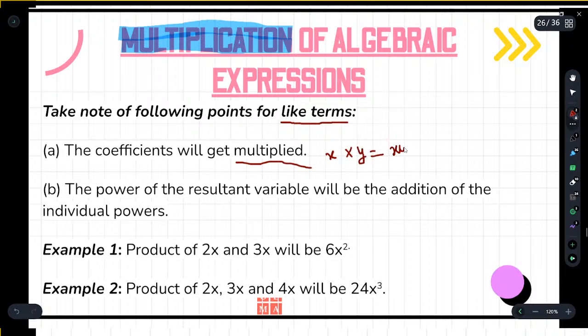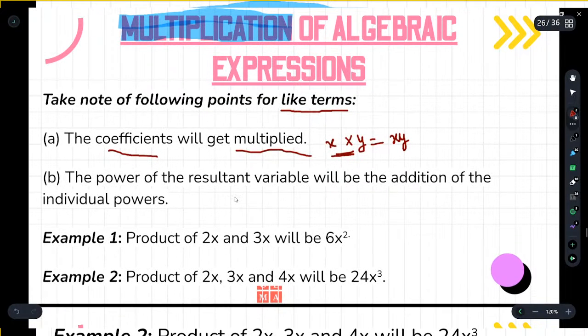There is no need for them to be like. We can multiply unlike terms also. So the coefficients will get multiplied and the power of the resultant variable will be the addition of the individual powers.